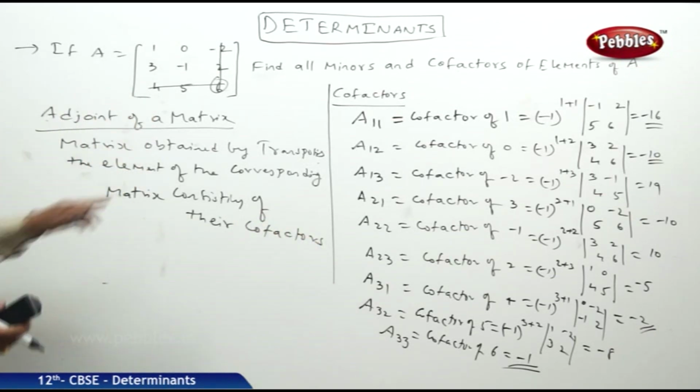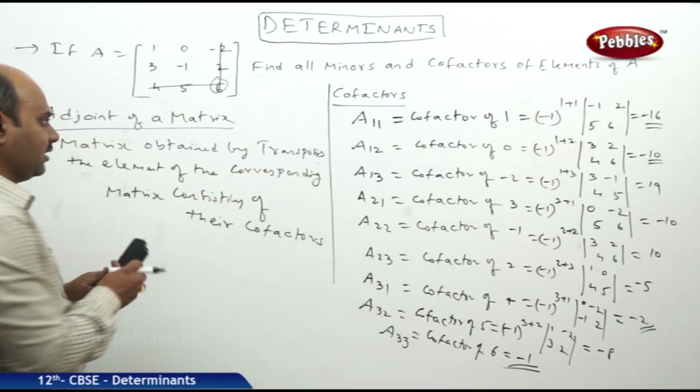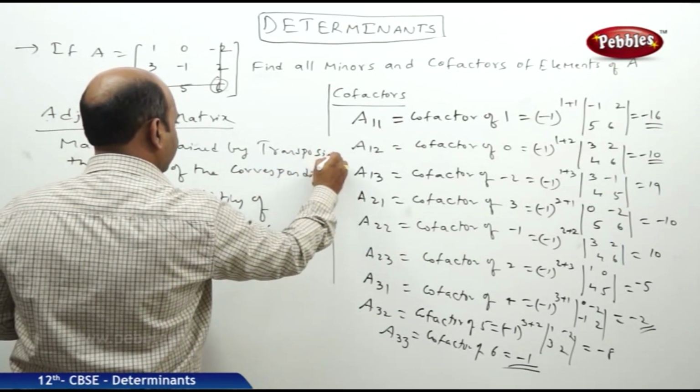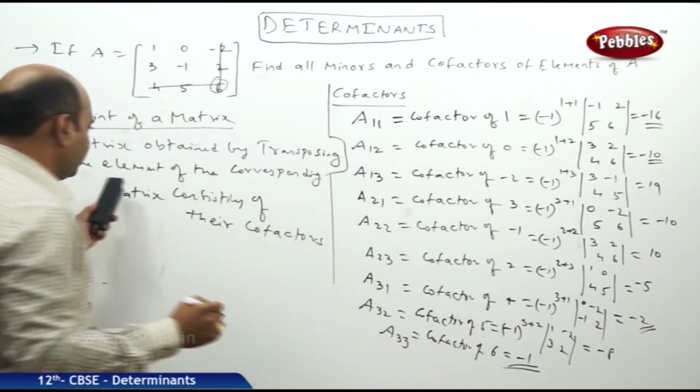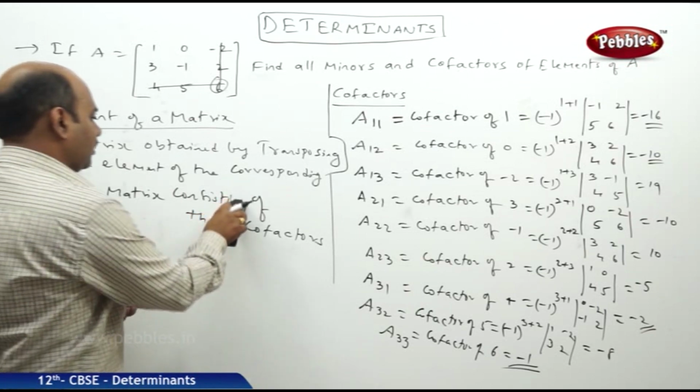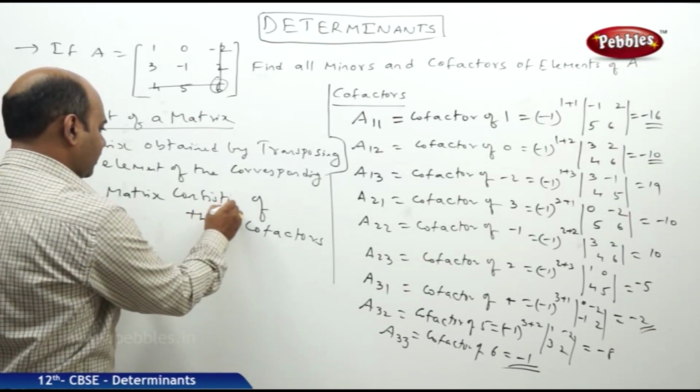Observe carefully. The matrix obtained by transposing the elements of the corresponding matrix consisting of their cofactors.